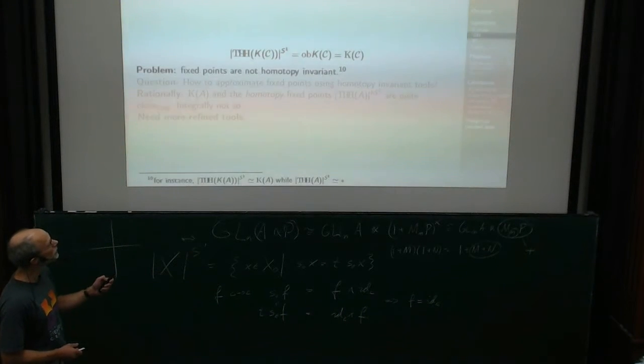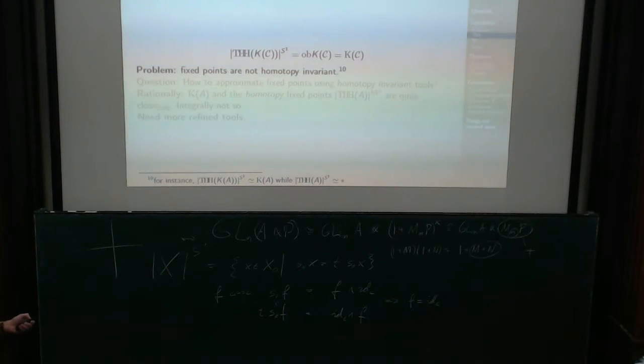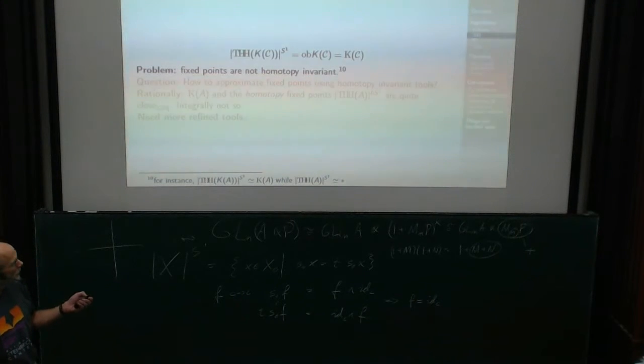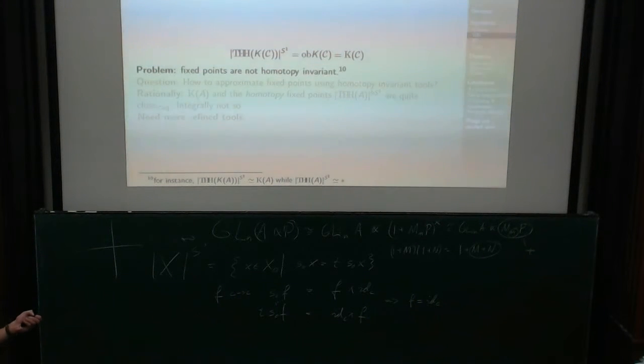I cannot use the homotopy equivalence between THH of the K-theory and THH of A. Because, naturally, the fixed points of THH of K-theory is K-theory, while the fixed points of THH of A, well, that's the objects of A, that's just a point.